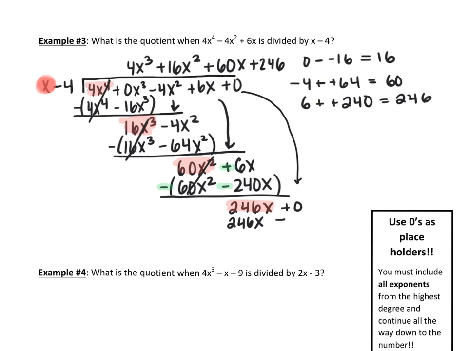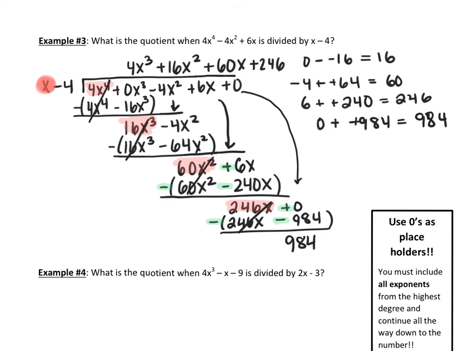All right, so you should have gotten negative 984. And then we subtract. These cancel. So we now have 0 minus a negative 984. The negatives cancel to a positive, so we're just left with positive 984. So this 984 is my remainder.